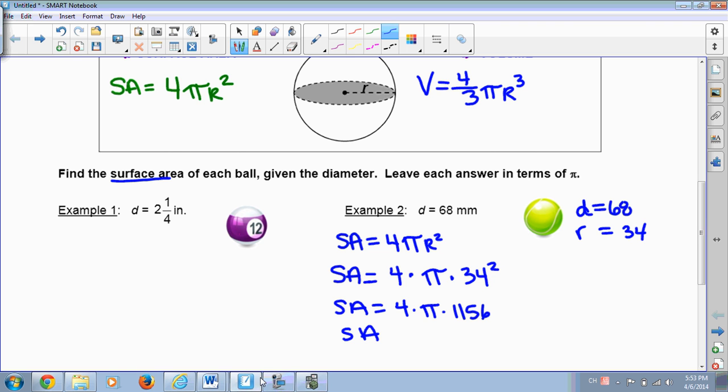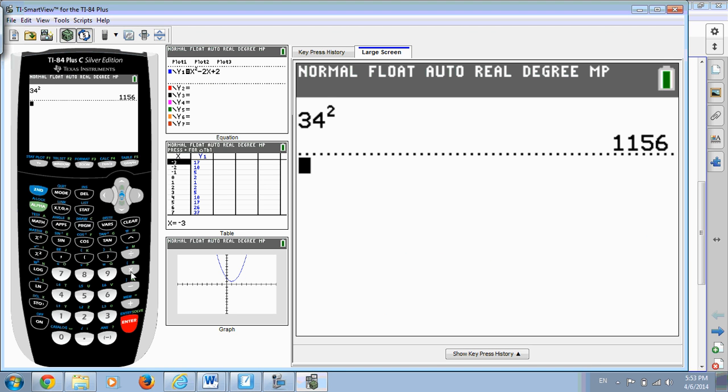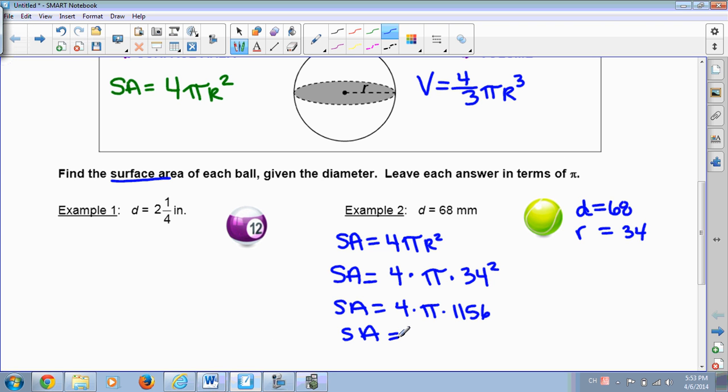So 4 times 1,156 is 4,624 pi, because we're in terms of pi, millimeters squared. Okay, it's squared because we're doing surface area on this problem.